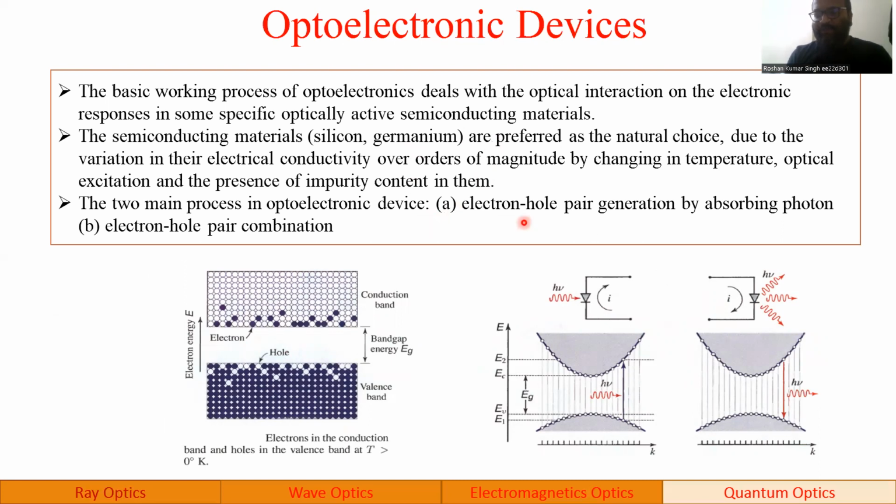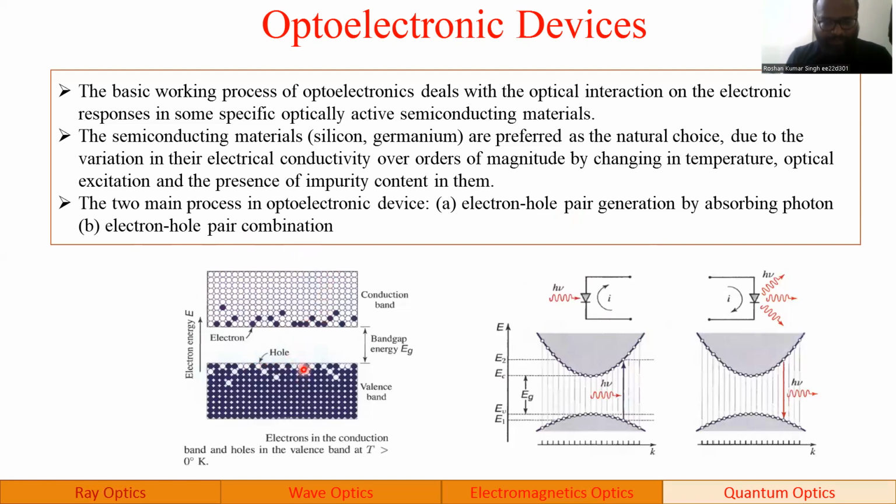First is when the photon interacts with the material: electron-hole pair generation by absorbing a photon, creating an electron in the higher state. The second is electron-hole pair recombination. When the electron goes to the excited state, it then comes back to the ground state and recombines.